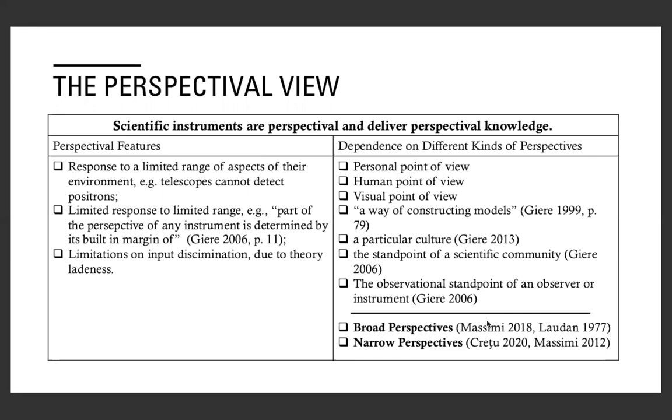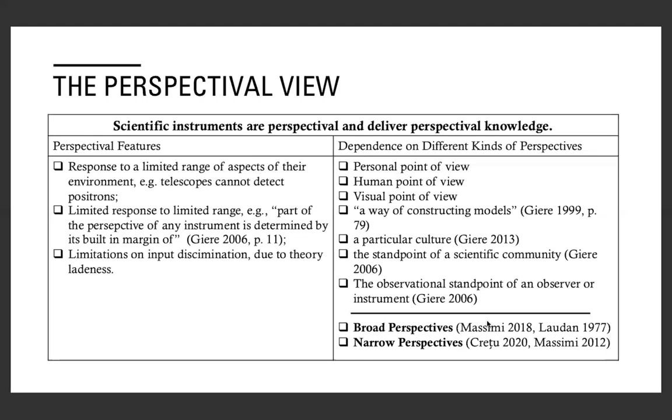So I think the first two are ways of acknowledging the limitations of scientific instruments and circumscribing the particular limits from which they can deliver knowledge and to whom they can deliver knowledge.